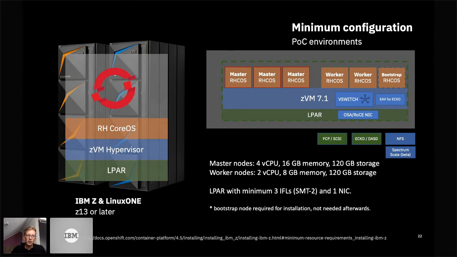We have Spectrum Scale storage as an option, which is currently in beta stage, and it will become GA soon. Of course, there is some work ongoing with OpenShift Container Storage, and so on, but this has still to come.